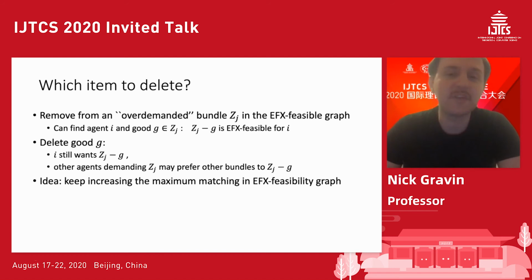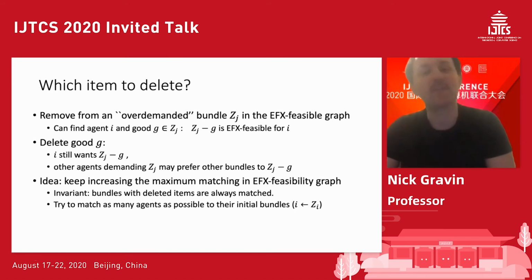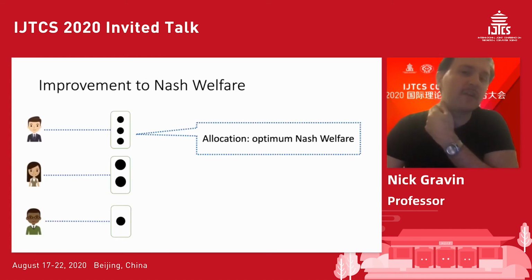We always try to increase the size of the maximum matching in the EFX feasibility graph. At some technical points in the algorithm, we always make sure that in the maximum matching we match the bundles where we deleted any items. And also we try to match as many agents as possible to their initial bundles. That is just to give you a glimpse of some technical parts of the algorithm.